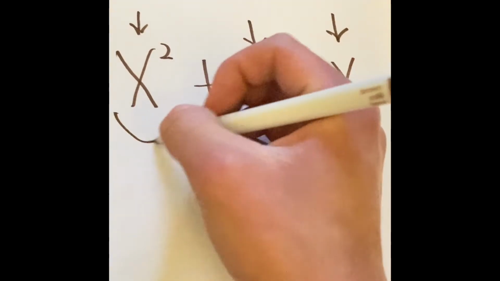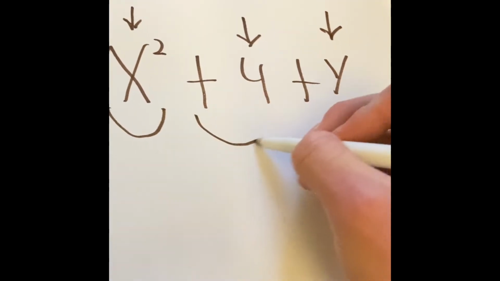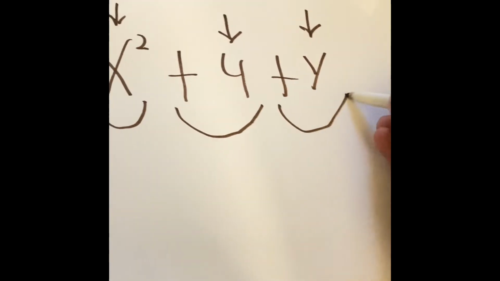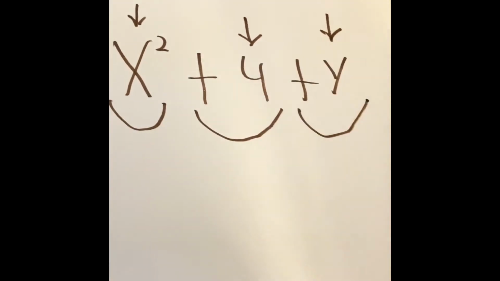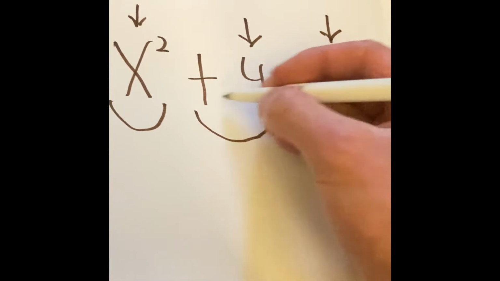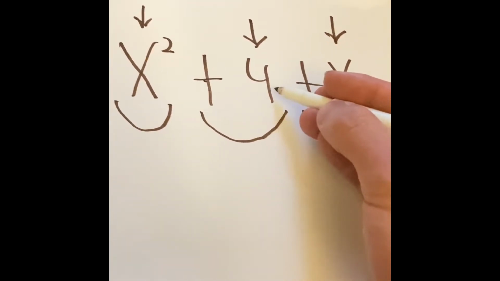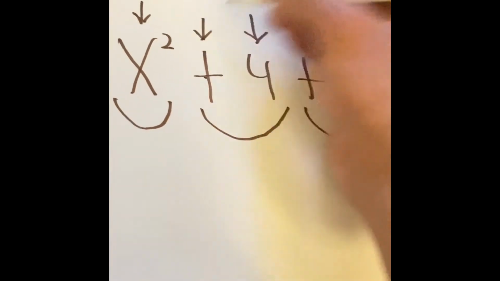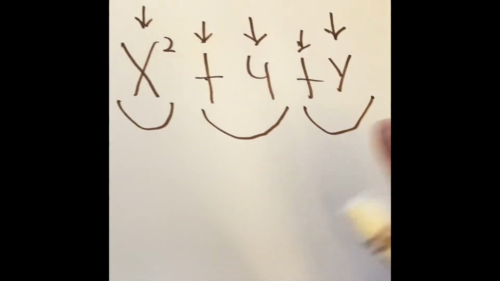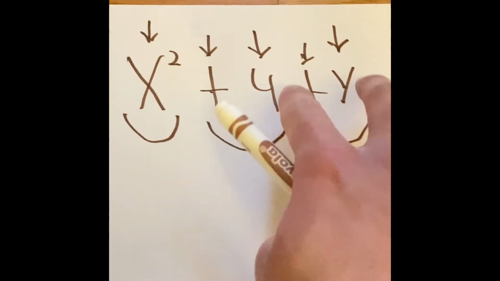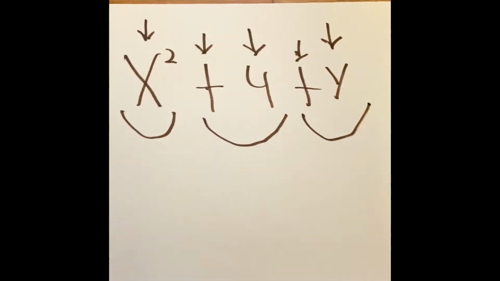Here's 1, here's 2, and here's 3. When you count the terms, you want to include the operator with the number, because the operator tells you what to do with that number later.